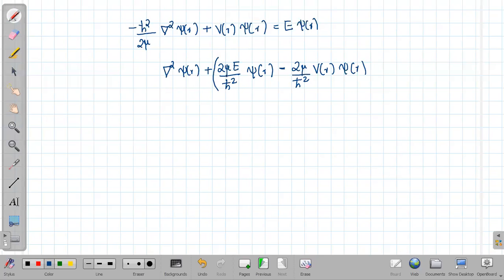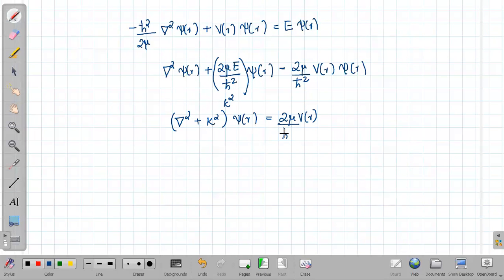Now this 2 mu E by h bar square is already expressed as k square, and therefore this equation becomes del square plus k square acting on psi of r equal to 2 mu V of r by h bar square psi of r. Okay, so this is our original equation.